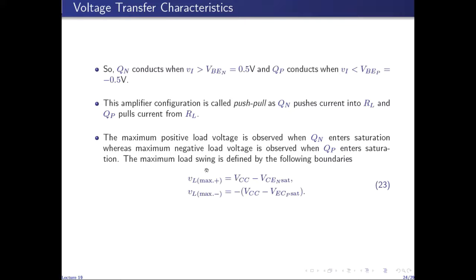So the maximum load swing is given by these two bounding load voltages. The positive swing is limited by VCC minus VCE sat of QN, and the negative swing is limited by negative of VCC minus VEC sat of QP.